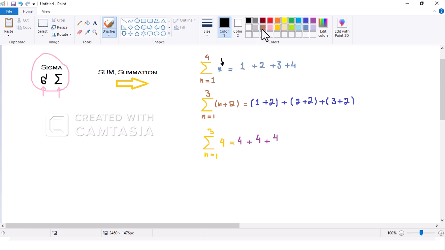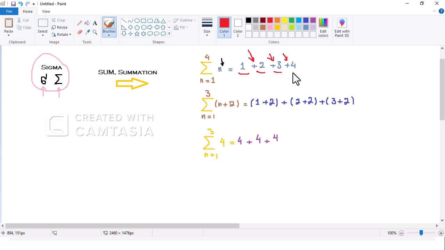The sigma symbol determines the addition operators between these numbers, and the series 1 up to 4 is written instead of the n.